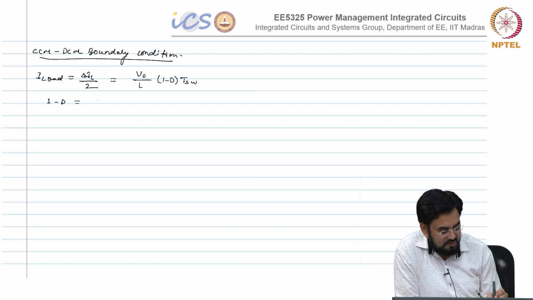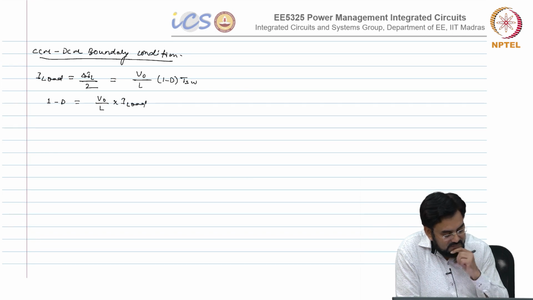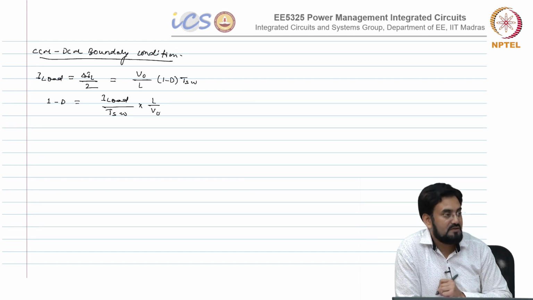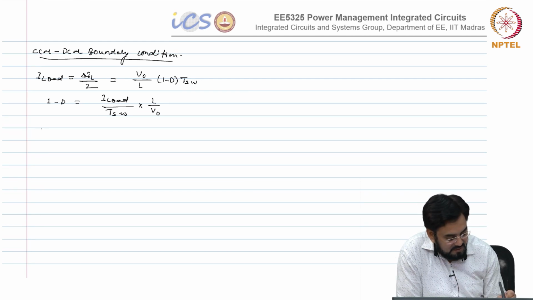1 minus D is I load over L into, sorry, I load over T SW into L over V out, correct. And what is V out? What is I load?